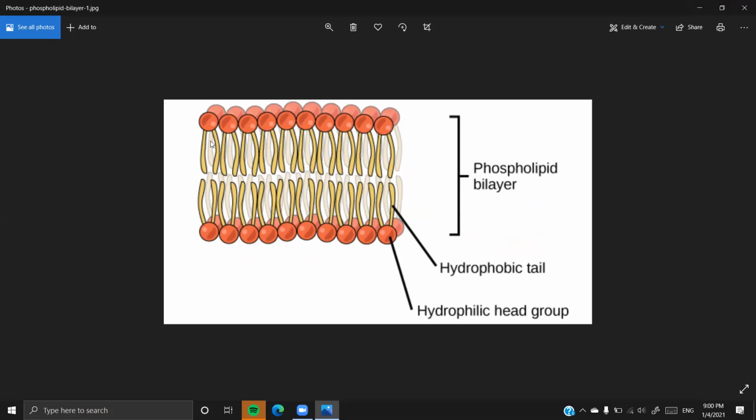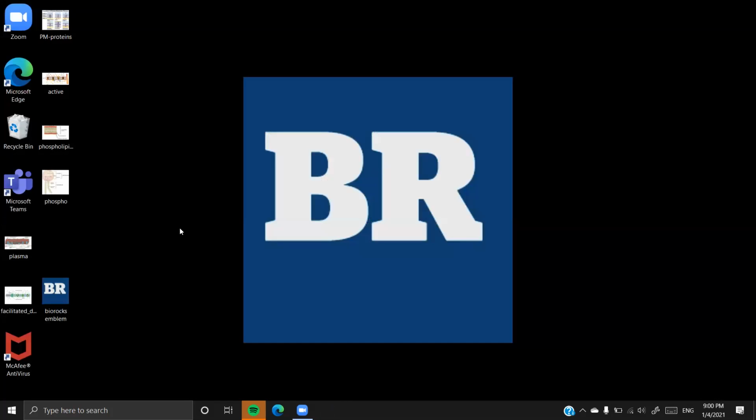Each head has two tails, one saturated fatty acid and the other unsaturated. One layer faces the extracellular fluid and the other faces the intracellular fluid, that is, your cytoplasm.